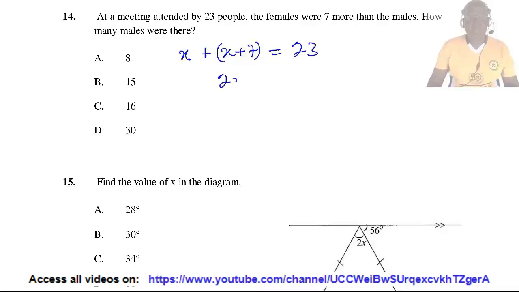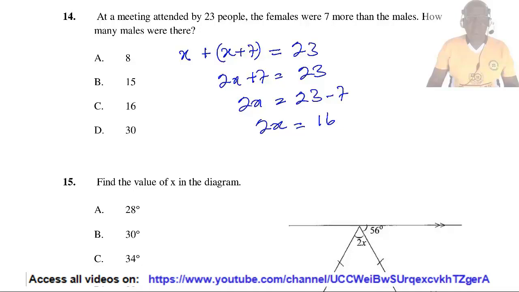So 2S plus 7 equals 23. Therefore, 2S equals 23 minus 7. So 2S equals 16. So S equals 16 divided by 2, which equals 8. So the answer is 8.